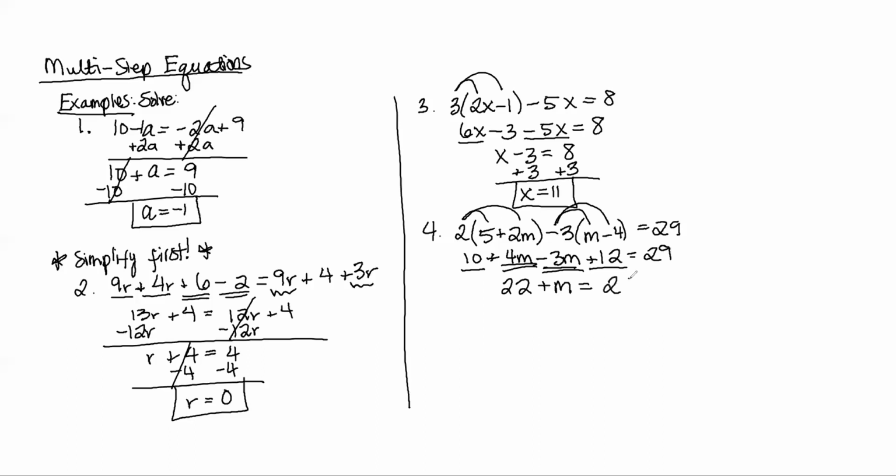But since we're solving, it's going to end up looking the same anyway because we have to get this m by itself. So now we have a positive 22 to get rid of, so let's subtract 22. Those cancel, and we get positive m equals 29 minus 22, which is 7.